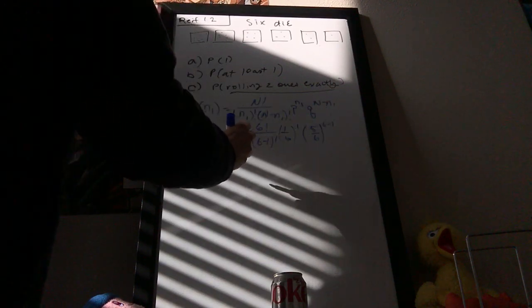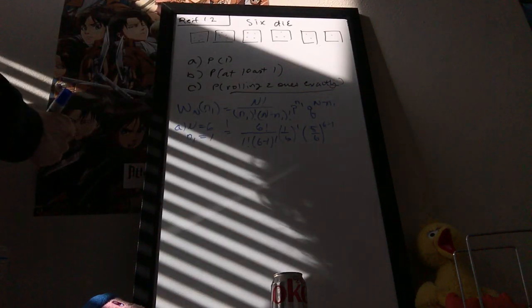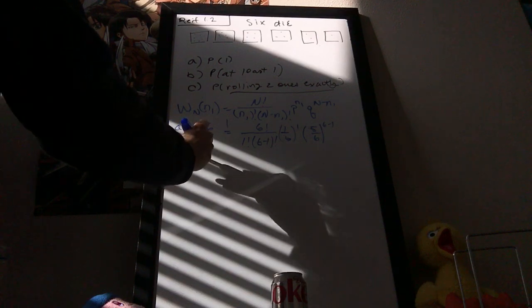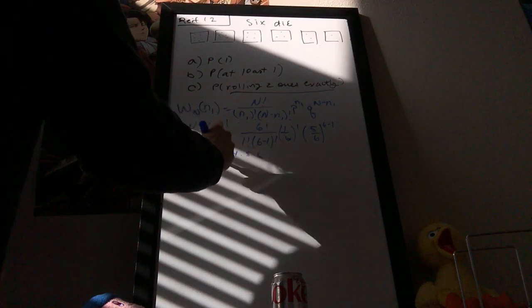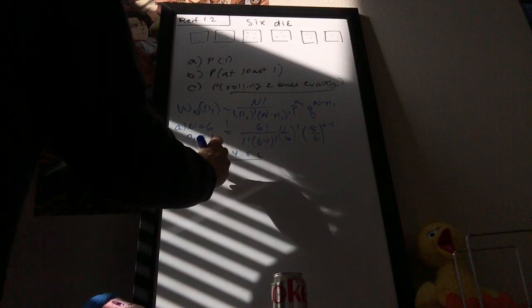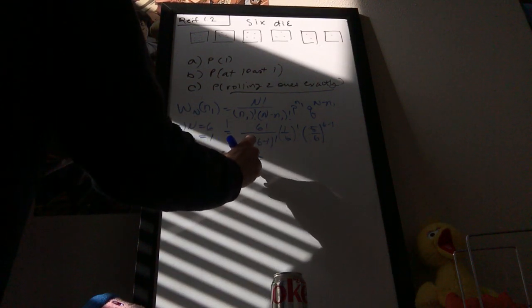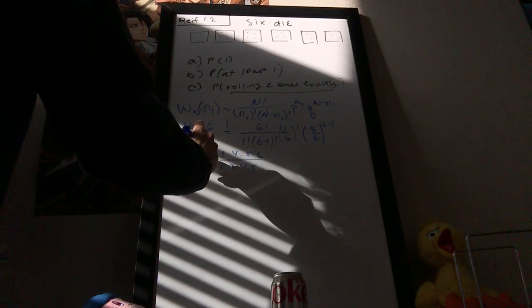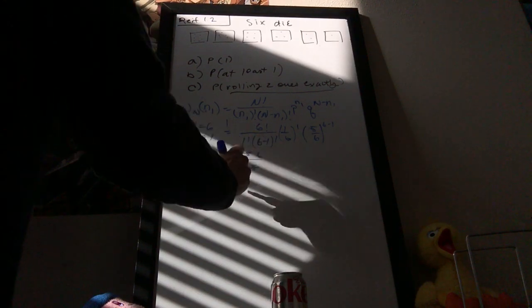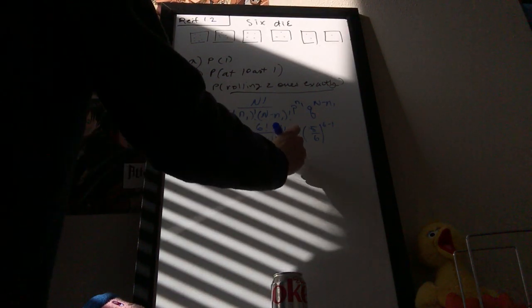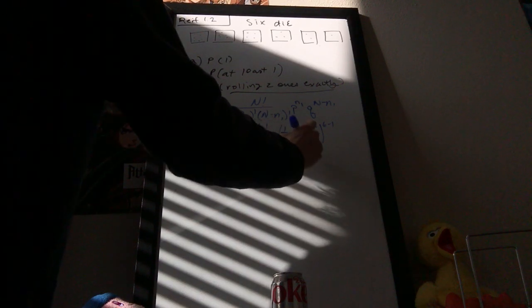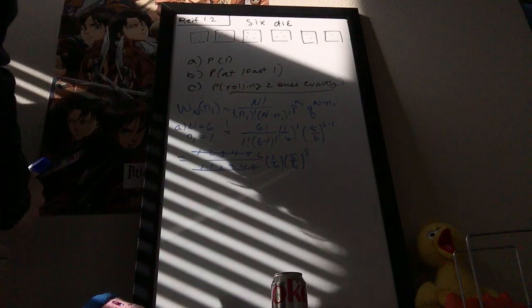to the power of 6 minus 1. So if we want to write this whole thing out, we have 1 times 2 times 3 times 4 times 5 times 6 over 1 times 1 times 2 times 3 times 4 times 5. All these guys go away. We're left with 6, times 1/6, times 5 over 6 to the power of 5. Right?